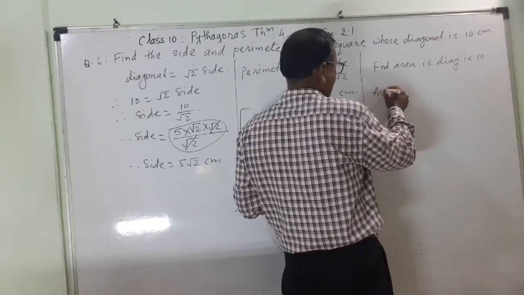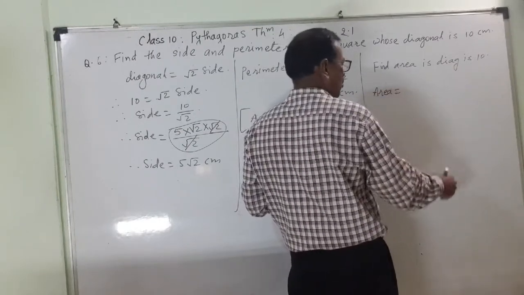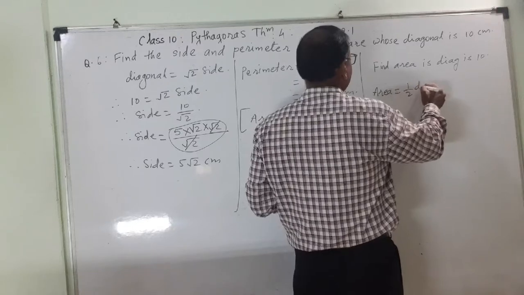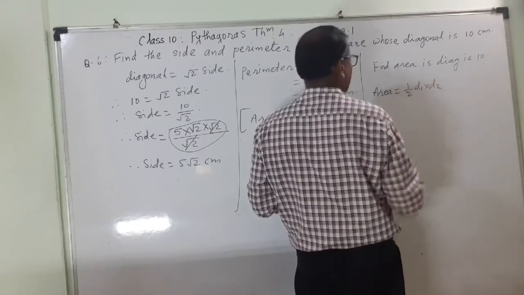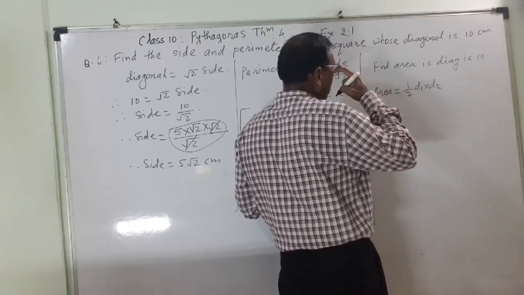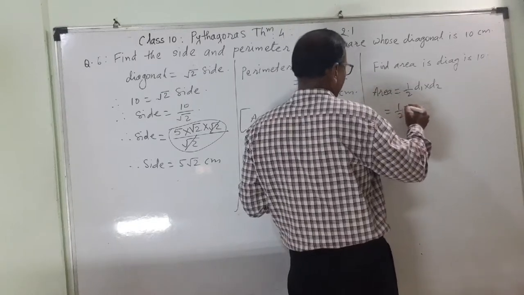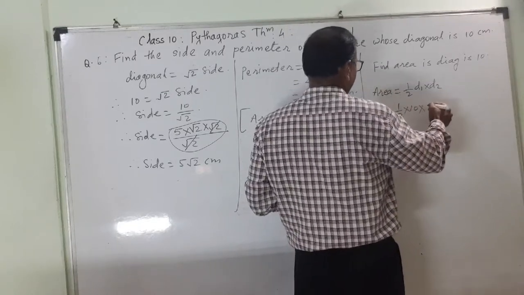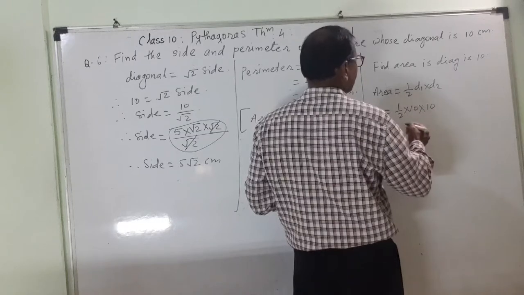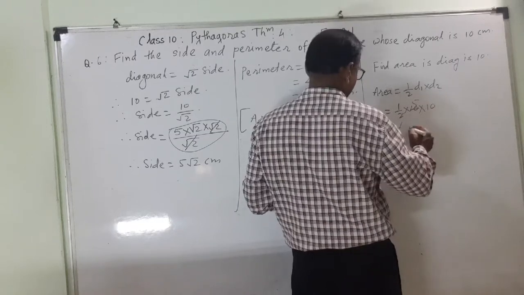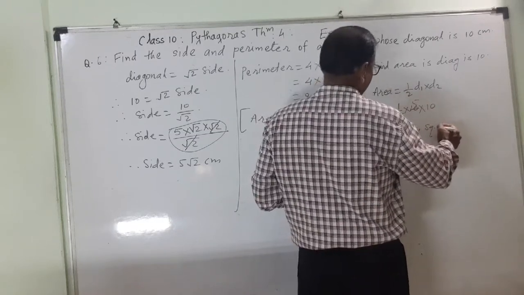So area of a square, means the area of a rhombus, is equal to half into d1 into d2. Square is also a rhombus. So that is equal to half into d1 is 10 into d2 is also 10. So that is equal to 2 fives are 10, 5 into 10 means 50 sq cm.